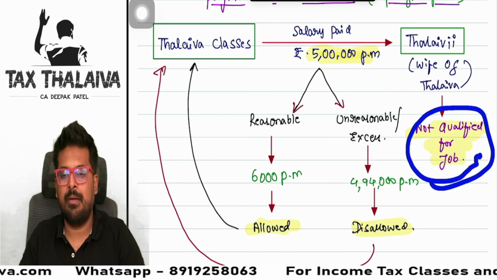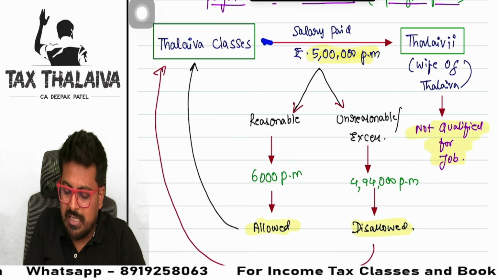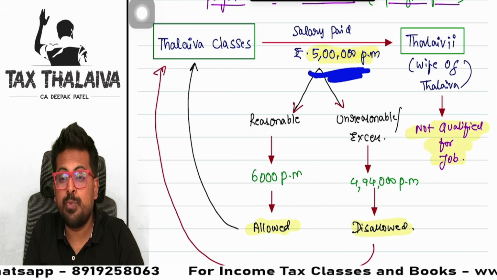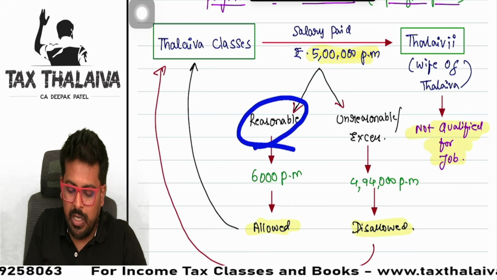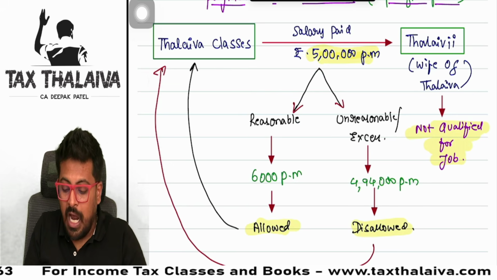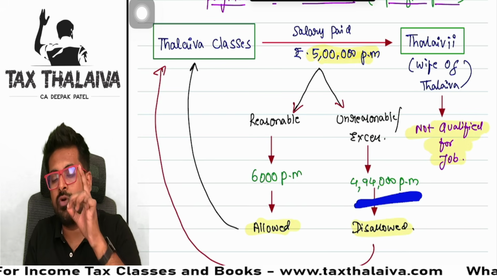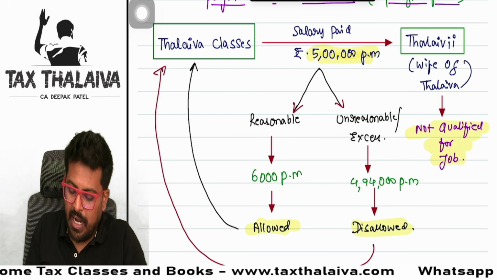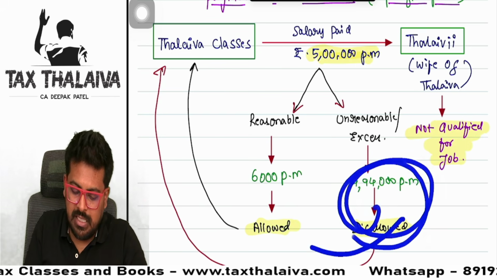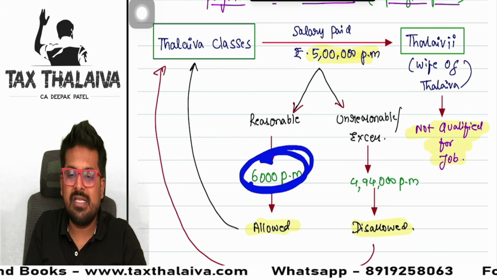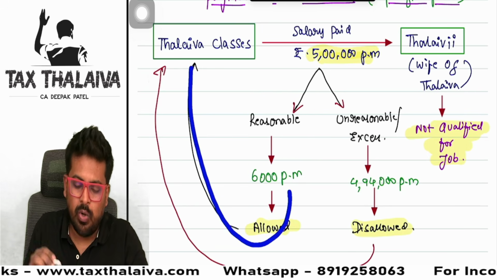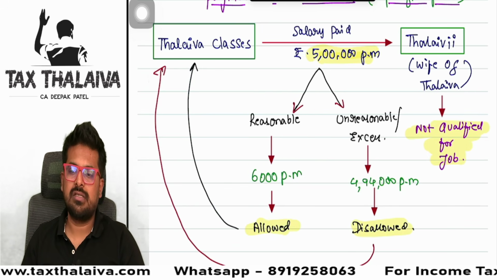She is illiterate, for example. But Thalaiva Classes is paying 5 lakh rupees per month as salary to Thalaivi, in which reasonable is only 6,000 per month. Unreasonable is 4,94,000 per month. So the unreasonable expenditure is disallowed in the hands of Thalaiva Classes, but only 6,000, which is reasonable, is allowed to that extent.